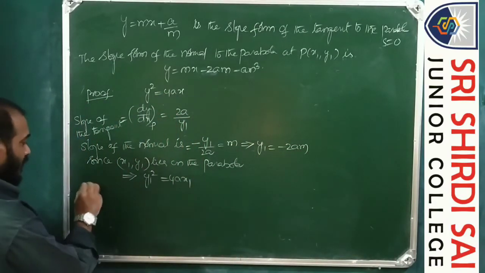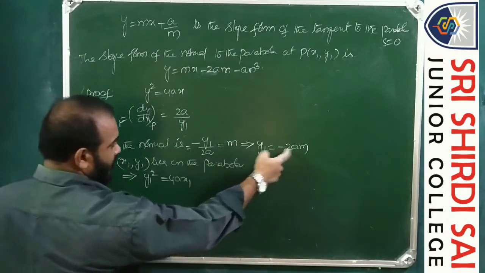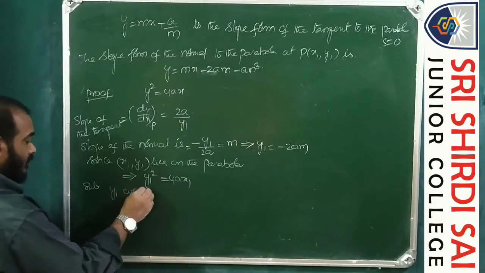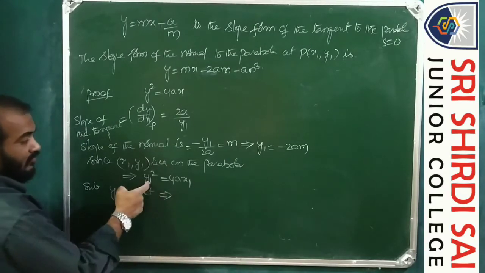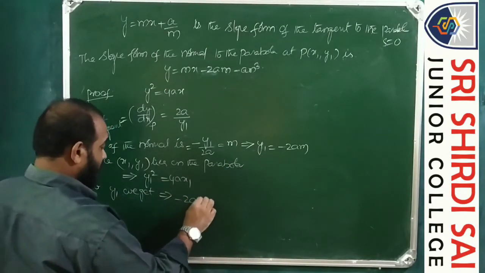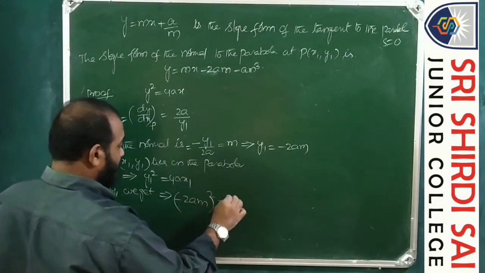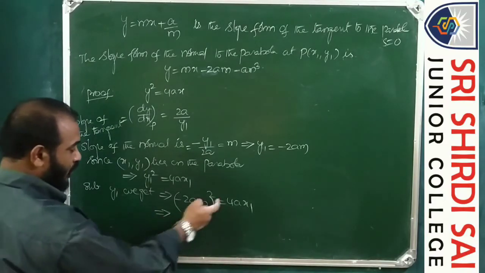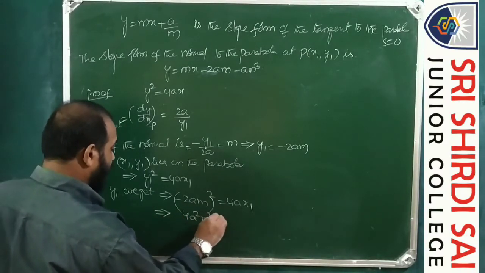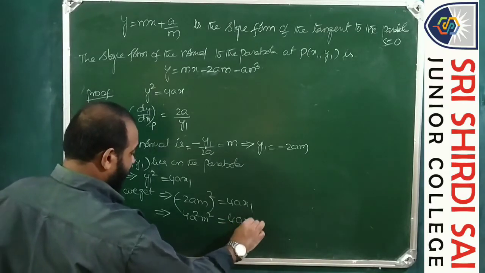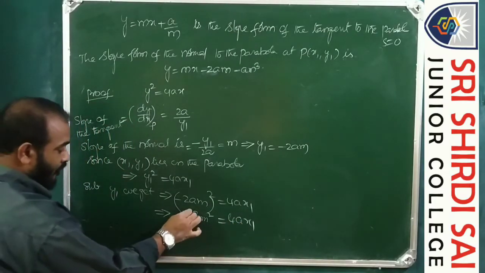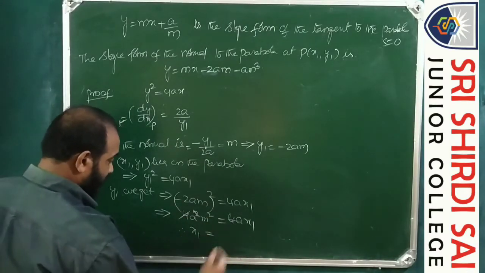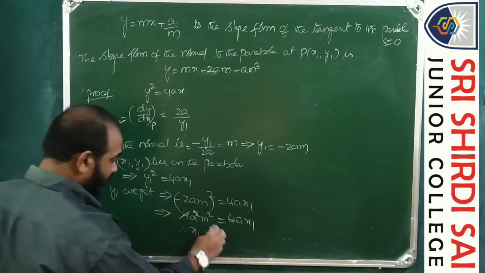Substituting y1 equals minus 2am in this, what is y1 that we got earlier? Minus 2am whole square equals 4ax1. Minus 2am whole square is 4a square m square, equals 4a x1. So here 4a gets cancelled. Therefore x1 equals am square.